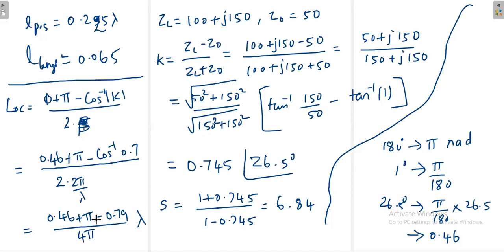Now please calculate this value, whether that is matching with 0.225. If it is matching, everything is okay. Otherwise we have made a mistake somewhere. The position of the stub that I am calculating: what is the value of 0.46 plus pi minus 0.79?